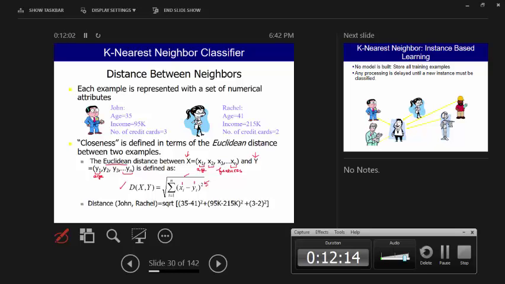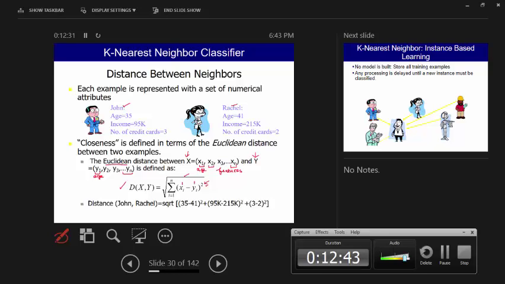Oh, we're trying to make a classification. So that is a classification. Alright, so for example, apply this Euclidean distance to these two people, John and Rahel, and we compare each feature to make the distance.